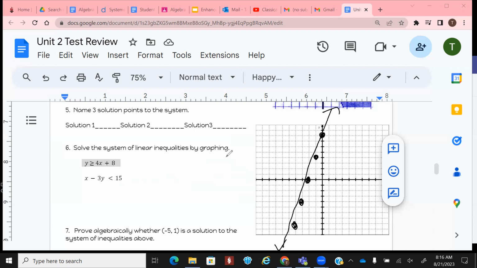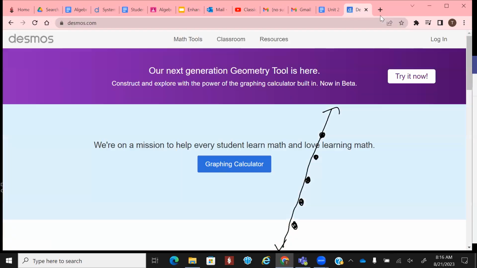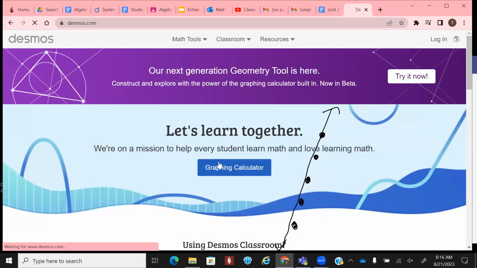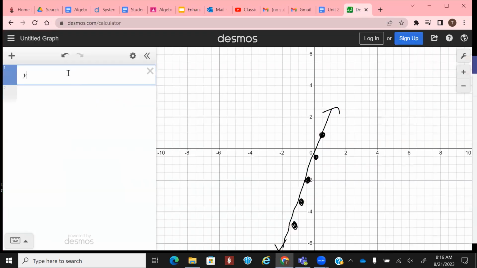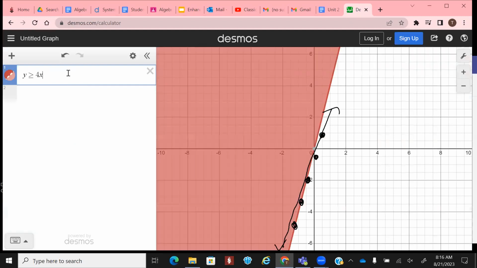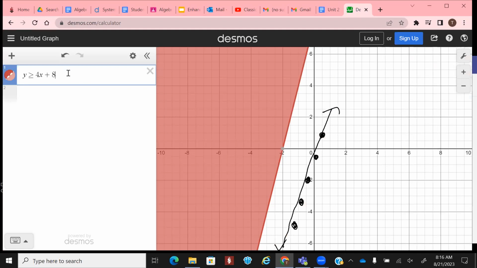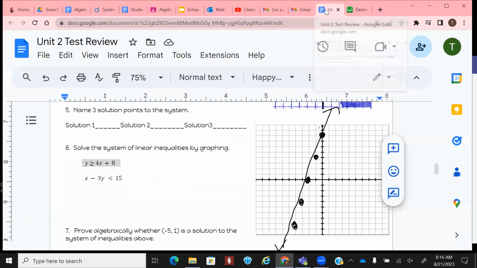So let's plot this really quick in Desmos just to check our work. So y is greater than or equal to 4x + 8. And is that above or below the line? It's above. Okay, sorry, I panicked for a second. I was like, did I do that right? Yes, I did. So we would shade this way, right?